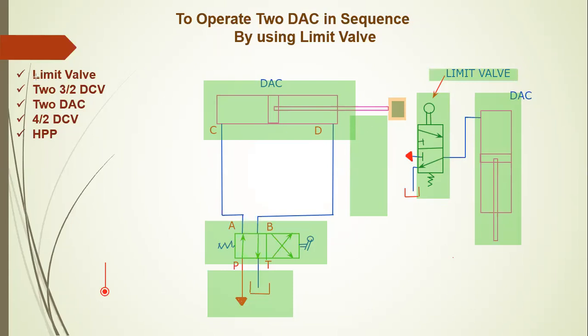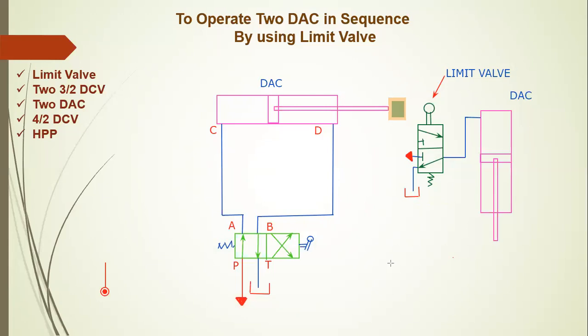Then two limiting valves: one limiting valve is added to the first 3 by 2 and the second limiting valve we have to add to the other 3 by 2. Let's complete drawing the required number of component parts. HPP, 4 by 2, and DAC are completed.